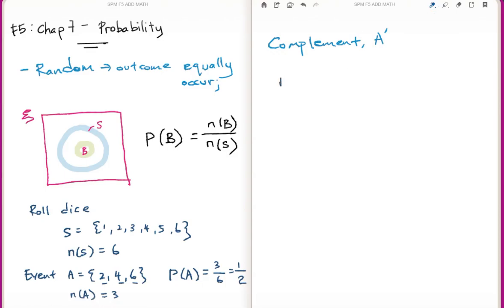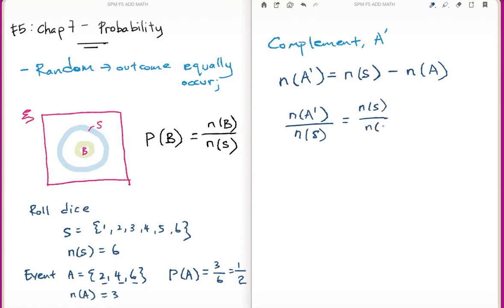For whatever is outside of A, the number is the total sample subtracted by the number of event A. So the possibility is n(S) over n(S) minus n(A) over n(S), which is 1 subtract the possibility of A. So if you want to find whatever is outside of an event, all you can do is use 1 subtract the possibility of the event.